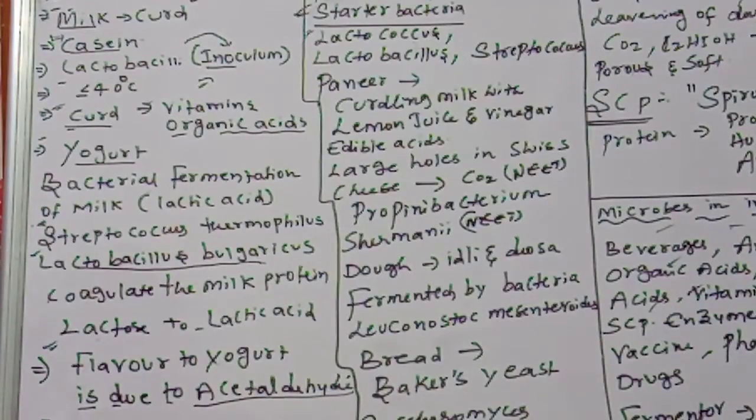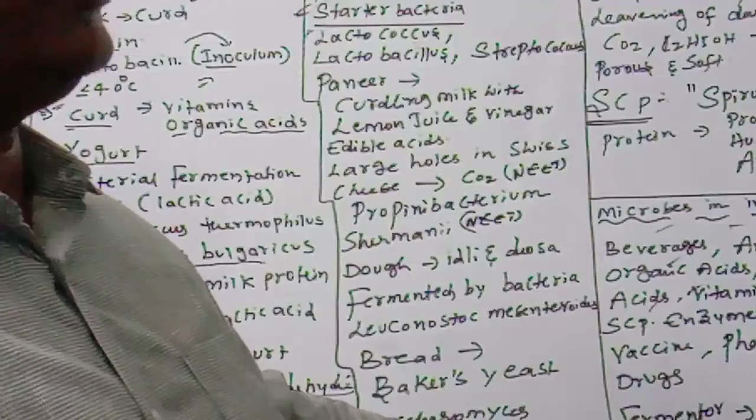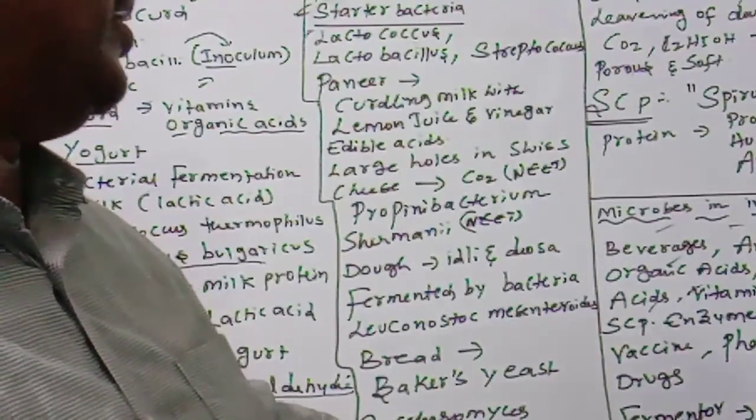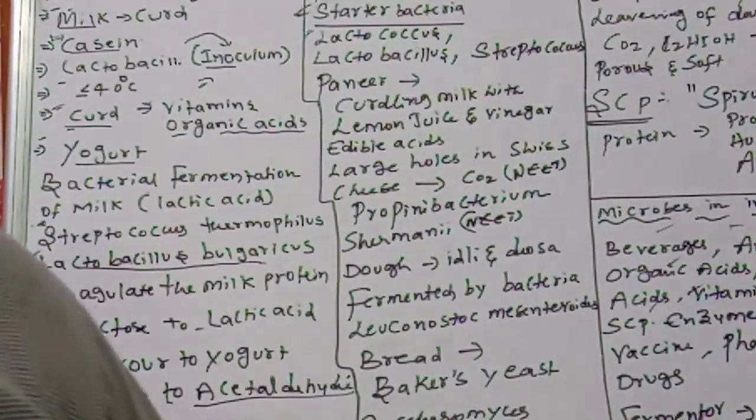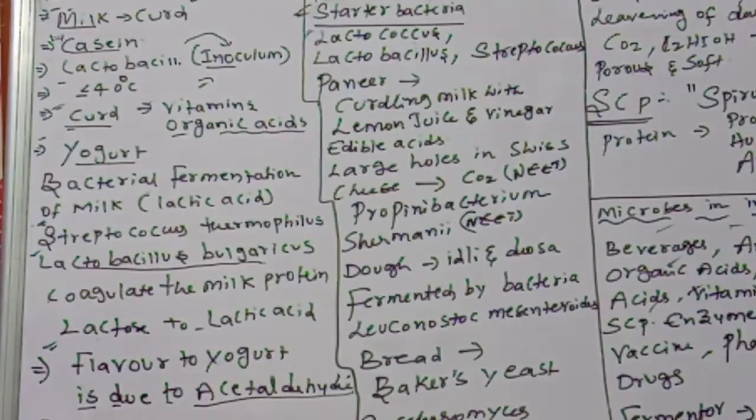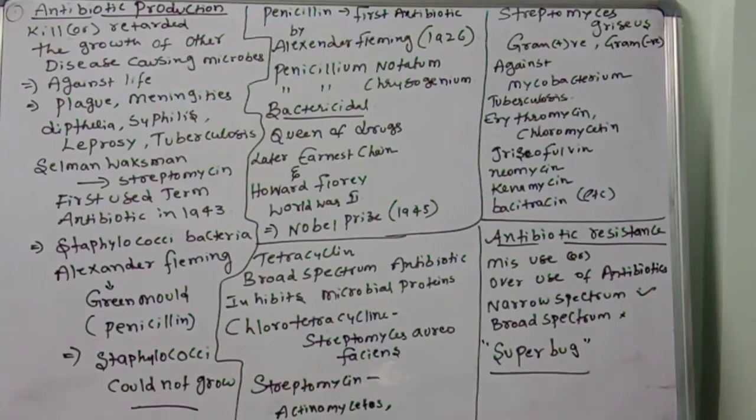If any excess overflow occurs, we can remove the waste. Biomass is also there in the fermenter facilities. Okay, children?